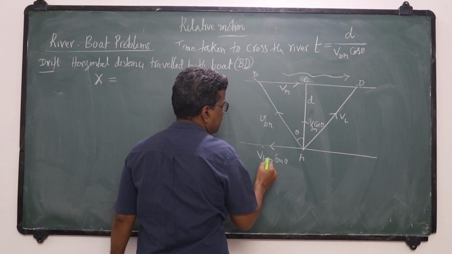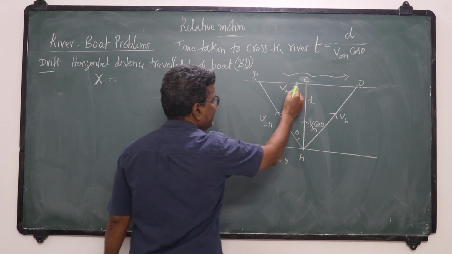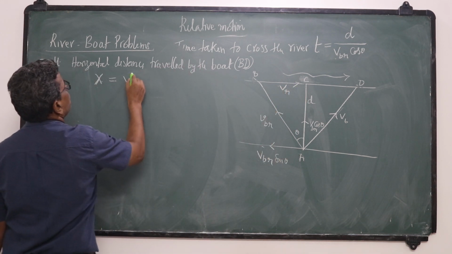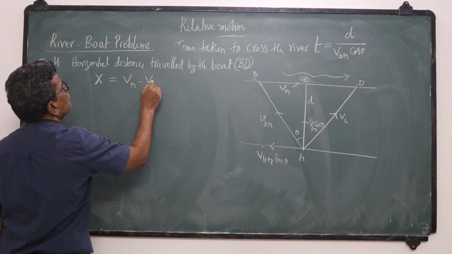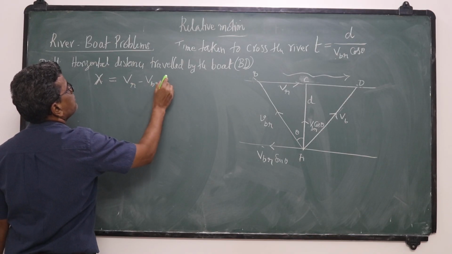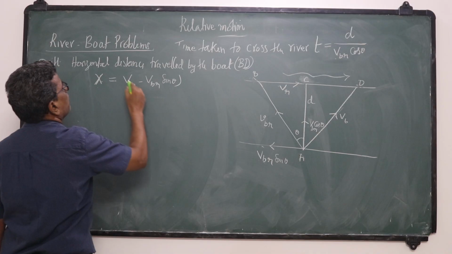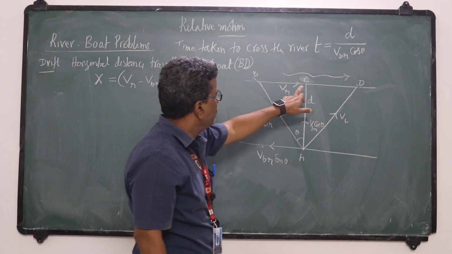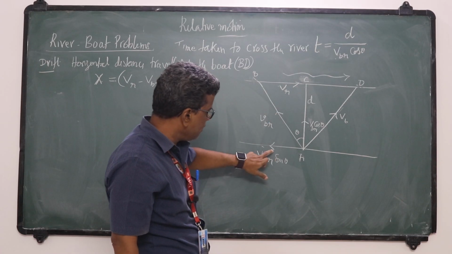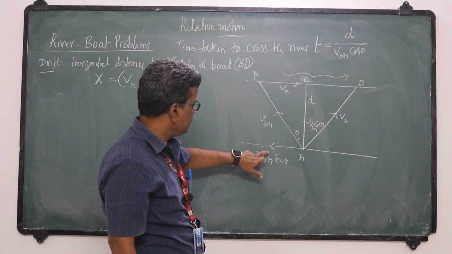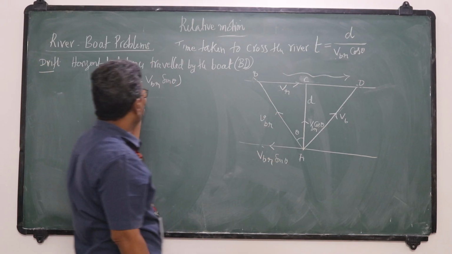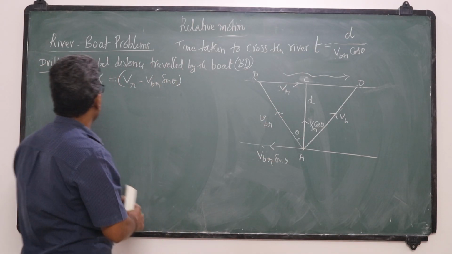So the resultant is VR minus VBR sin theta, that is the resultant velocity in this direction. Since these two are in opposite directions, the resultant speed is VR minus VBR sin theta, into time.